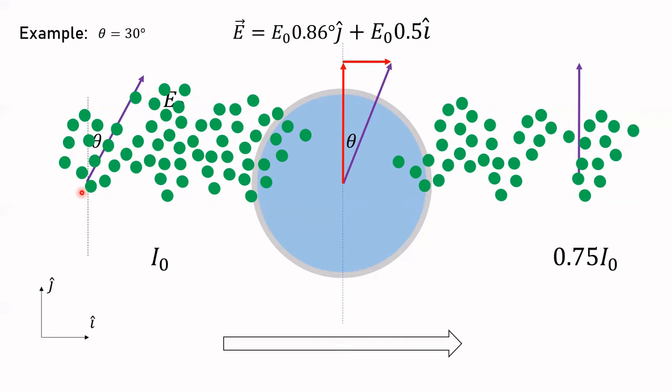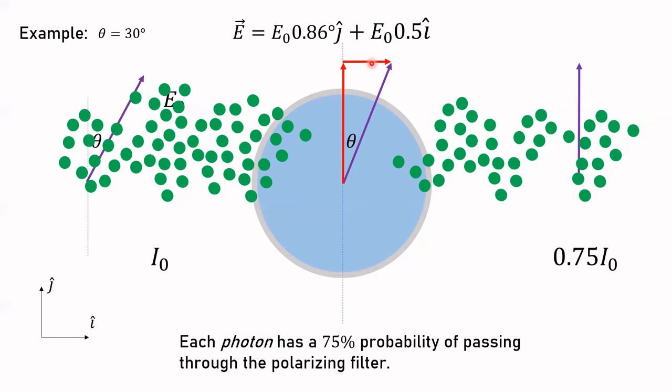You can't really speak about individual photons having a particular polarization and a particular probability of being passed or not passed. I think it's a little more complicated than that, but it doesn't matter because the analogy is almost perfect. This will really help you understand some ideas in modern physics later when you get to quantum mechanics. Okay, so we can even use this equation to actually represent an individual photon itself.